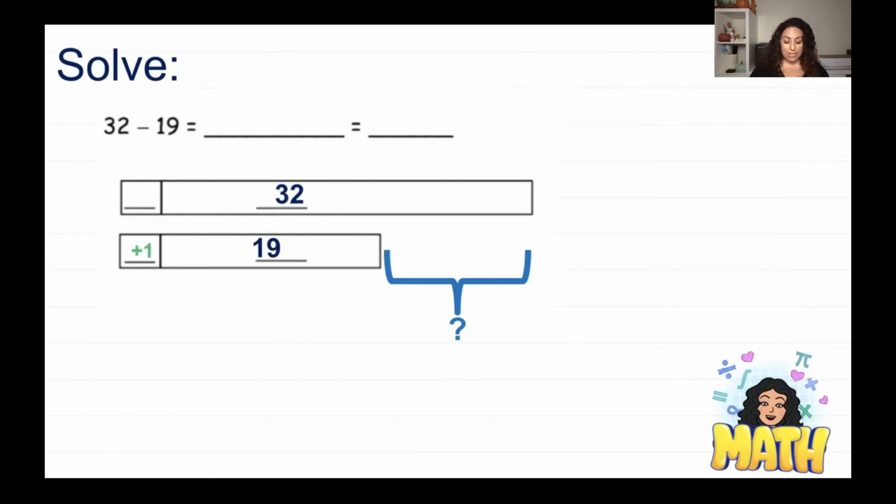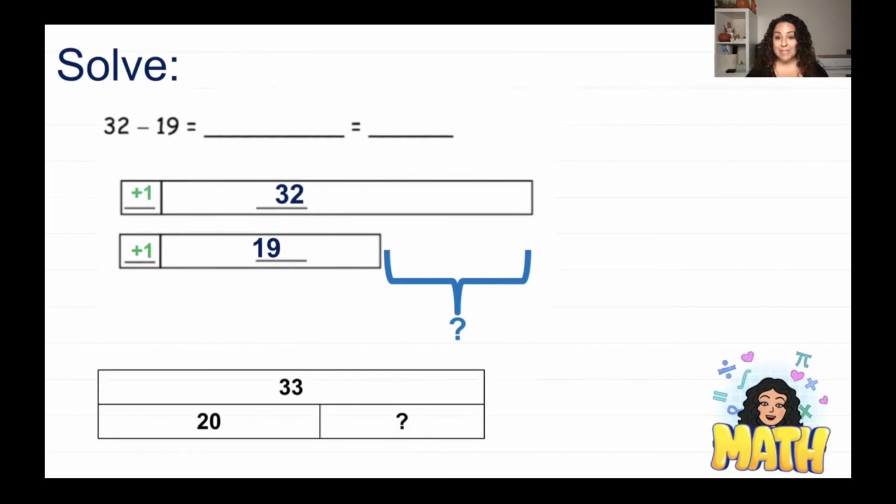But remember, if I give 1 to 19, I also have to give 1 to 32. So there's my 1 to the 32. So look at what my tape diagram looks like now. I have 33 take away 20, and then there's that missing variable.